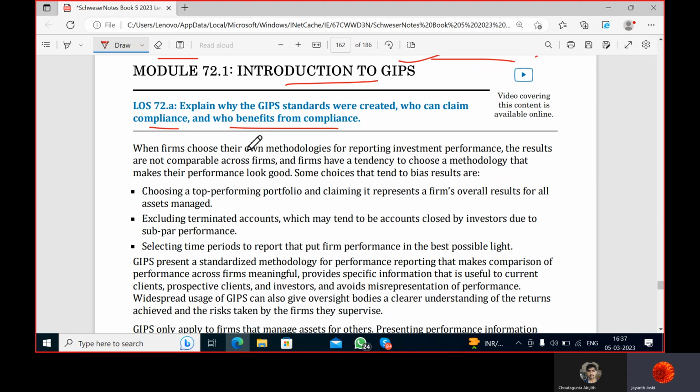When firms choose their own methodologies for reporting investment performance, that means if I have a firm and I have my own methods of reporting investment performance, the results are not comparable across firms, and firms have a tendency to choose a methodology that makes their performance look good.